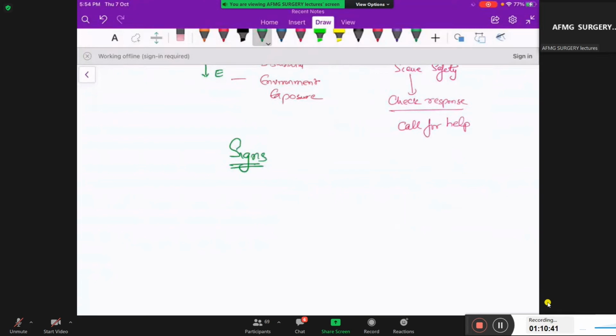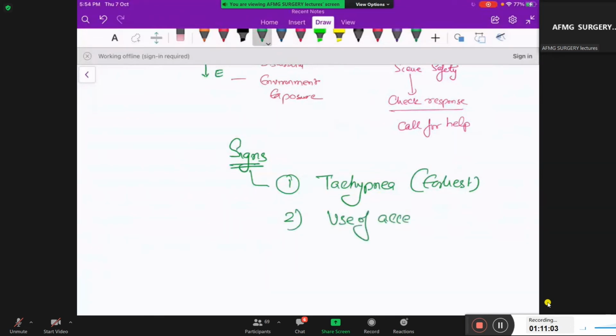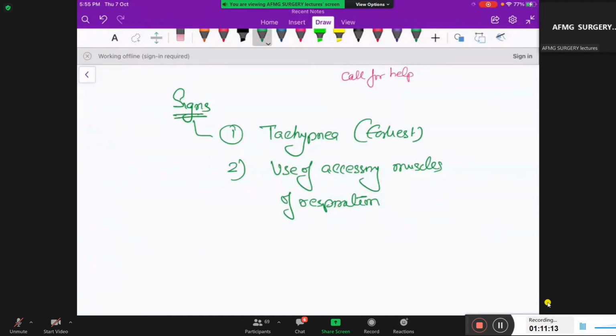the signs of airway compromise are: 1. Tachypnea. This is the earliest sign. Tachypnea is the earliest sign of airway compromise. Second, use of accessory muscles of respiration.